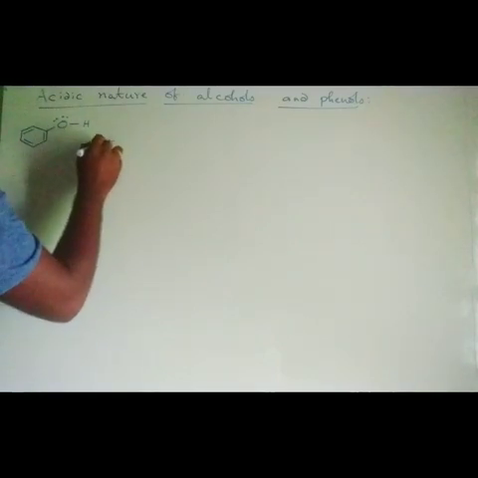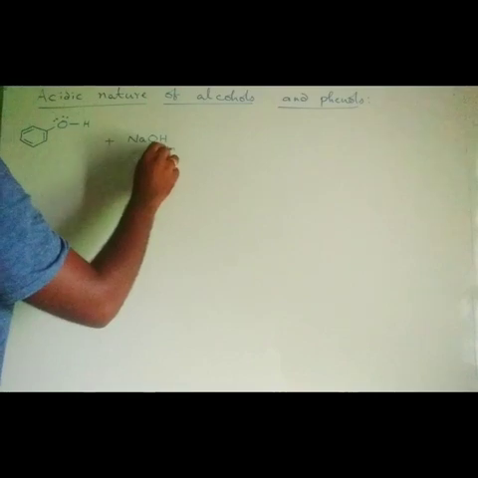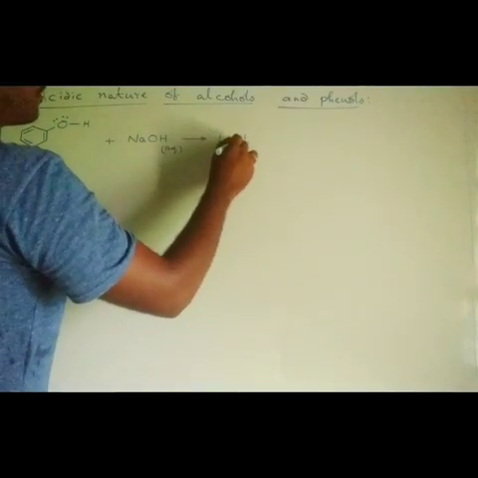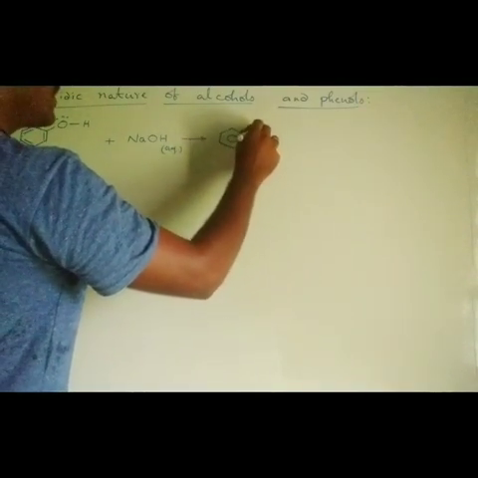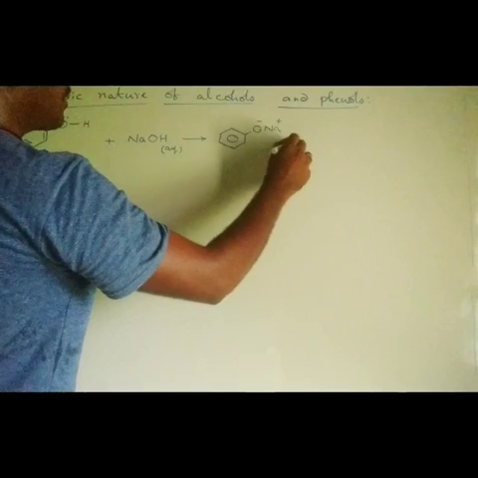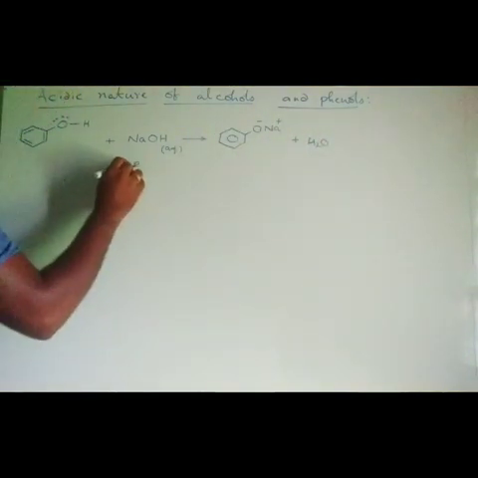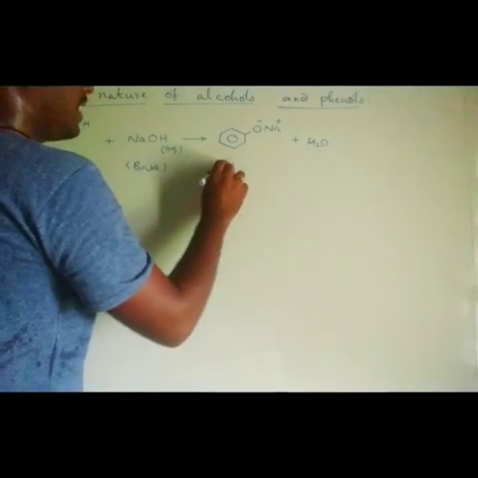If phenols are reacted with sodium hydroxide, an aqueous alkali, they will give us sodium phenoxide salt, O minus Na plus, and water. This reaction confirms that since NaOH is a base, as known to you, phenol must be an acid, because we are getting a salt and water.